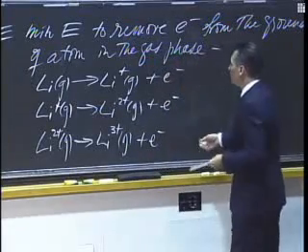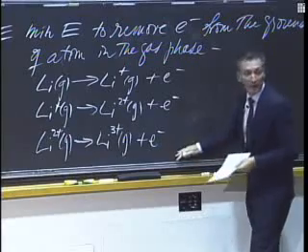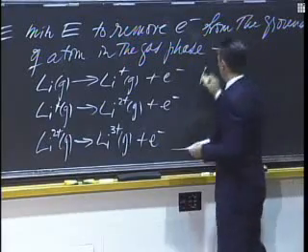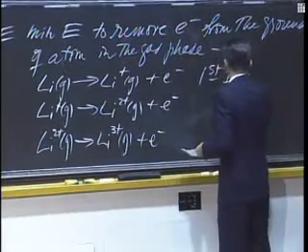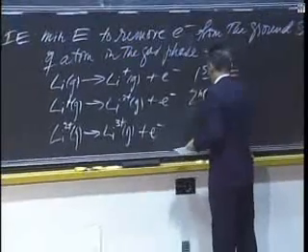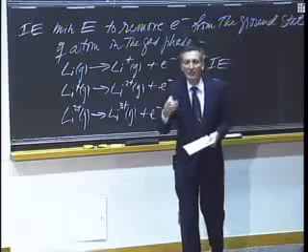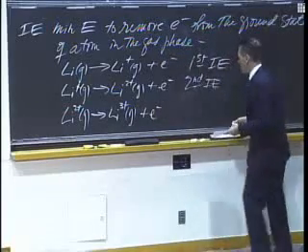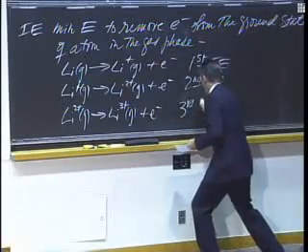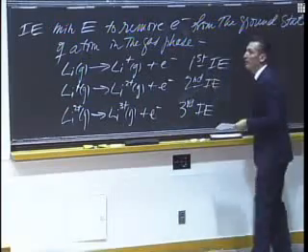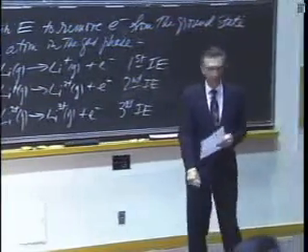So we call these first, second, third ionization energies in sequence, right? This is the first ionization energy. This is the second ionization energy, that is to say, the ionization energy of the second most electron. And this is the third ionization energy. Now, where do we find these values?